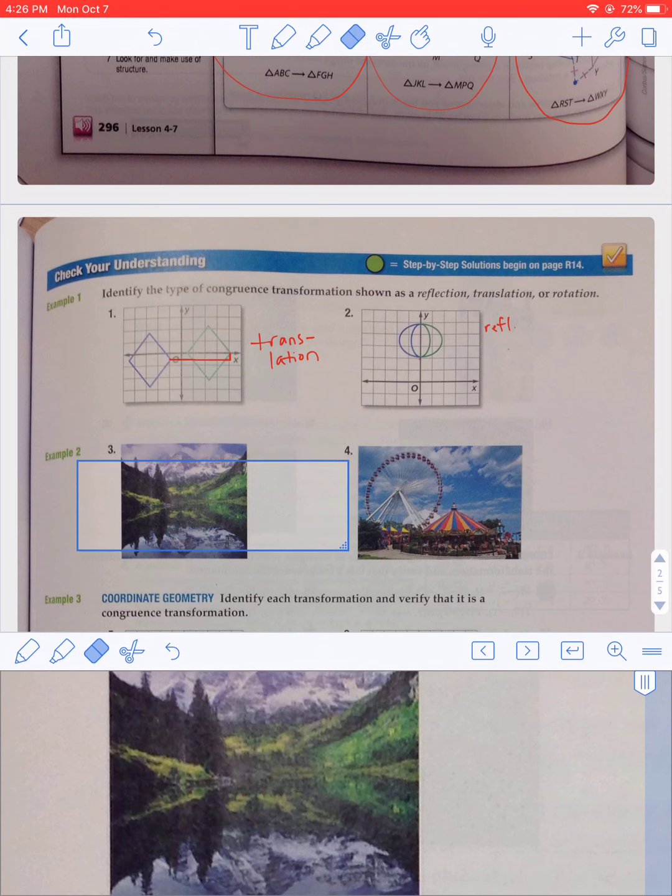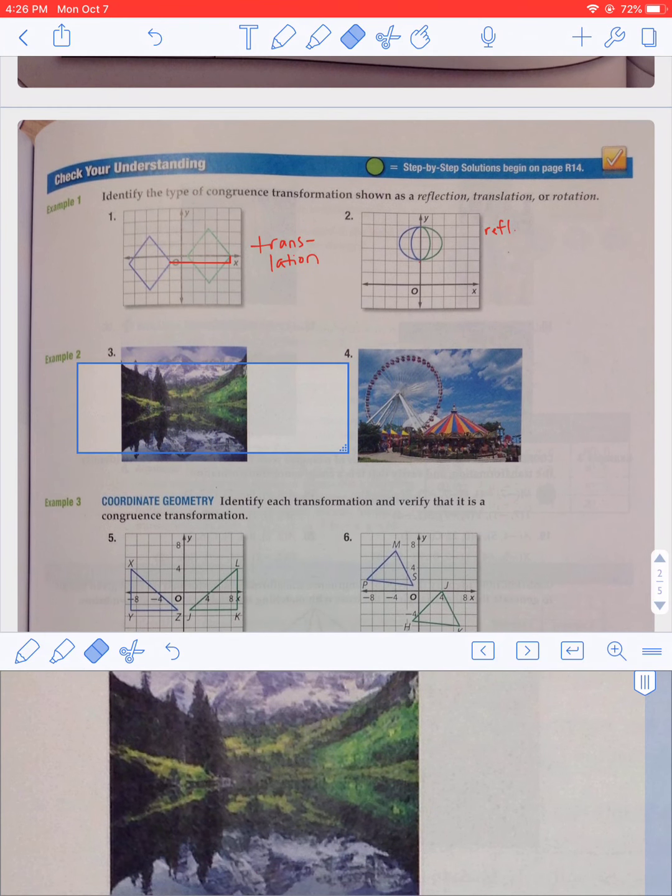Then we're going down to some real life pictures that you might actually see. And I'm going to let you guess right there which one you think that is. Okay, hopefully you said reflection, because if you notice, basically the top is reflected over this horizontal, I'm going to call it X line, and it's a reflection.